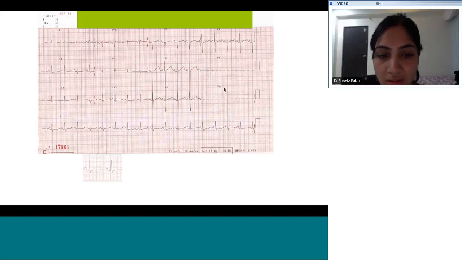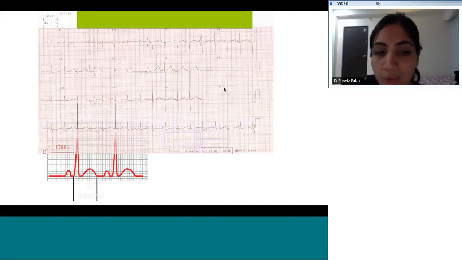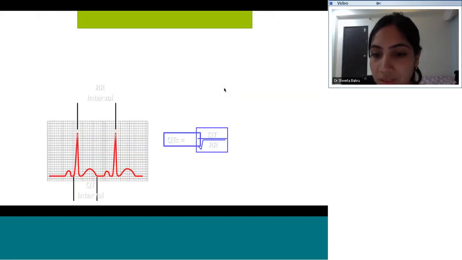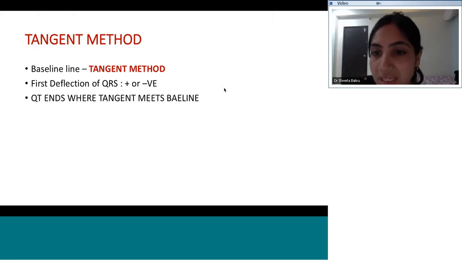So just a few points on long QTc, how to measure that. It is Bazett's formula, QT divided by the square root of the previous RR interval. It should be taken in lead II, because there the Q, T and R waves are better appreciated.